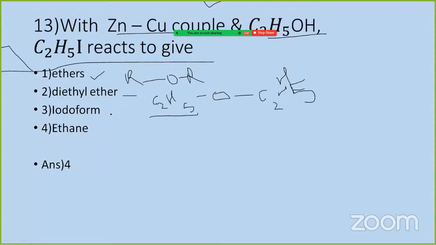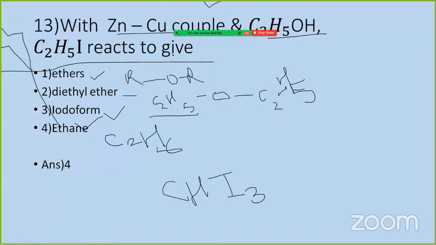Then the third option is iodoform. What is iodoform? CHI3 is iodoform. The next one is ethane, that is C2H6. When you treat ethyl alcohol and the alkyl halide in the presence of zinc copper couple, it will give us ethane, because zinc copper couple is a reducing agent.